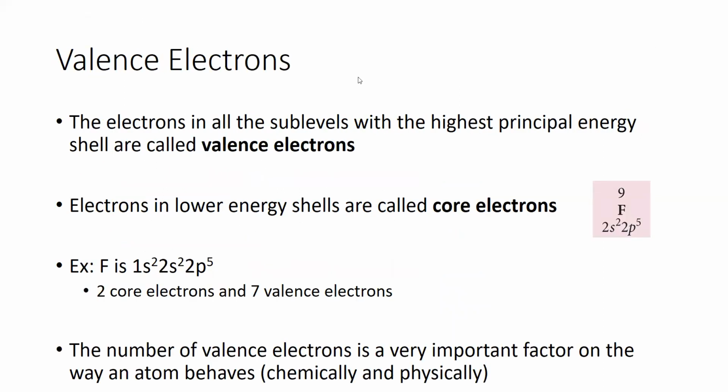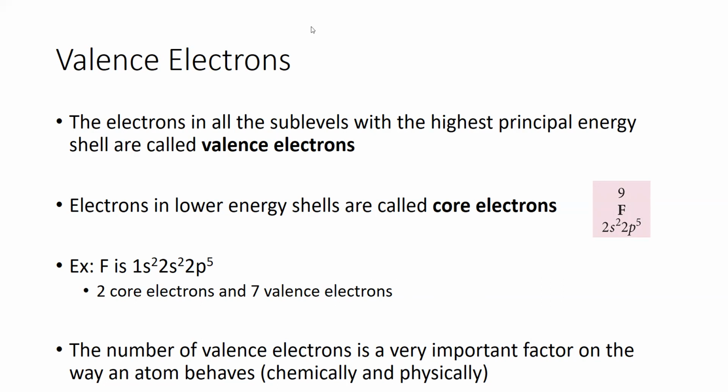Valence electrons is something we do need to look at. There are two types of electrons, core electrons and valence electrons, right? Valence electrons are those electrons in the highest principal energy level.